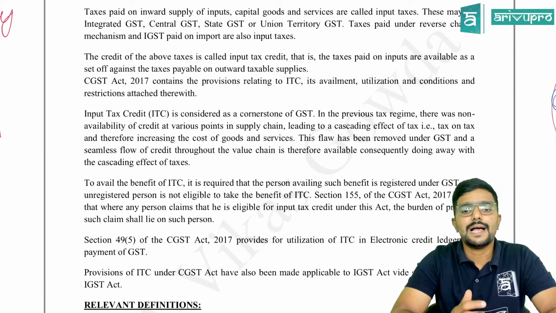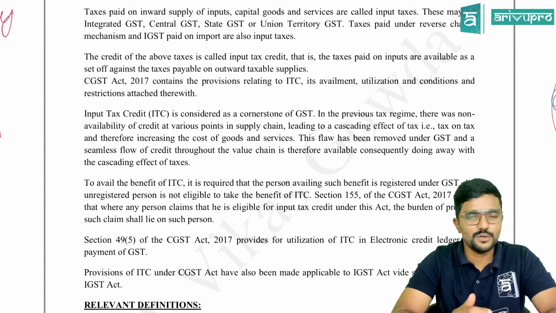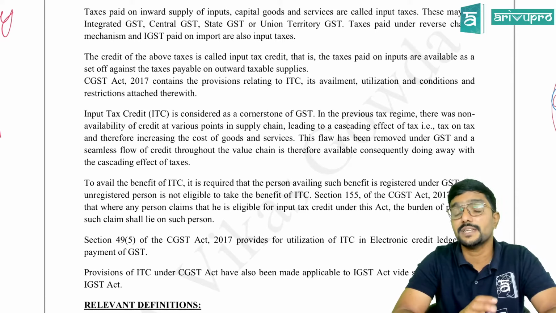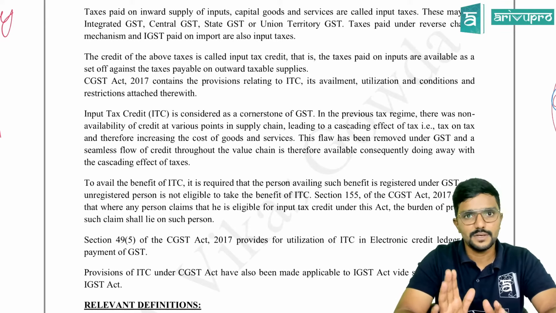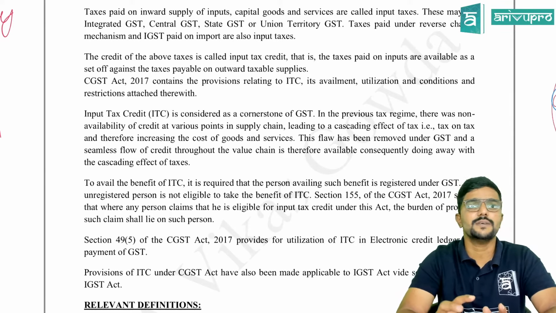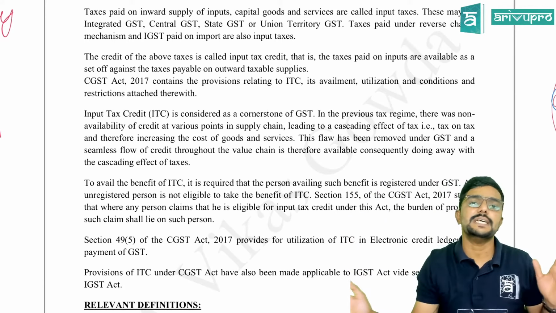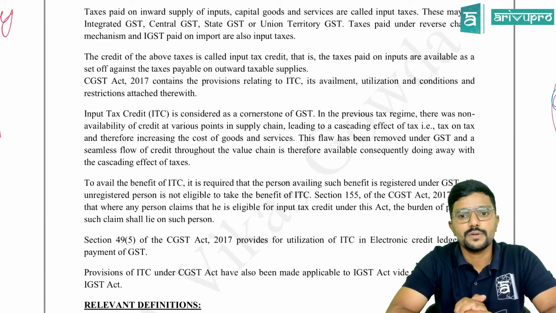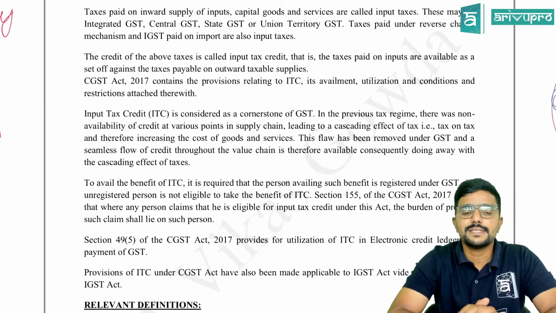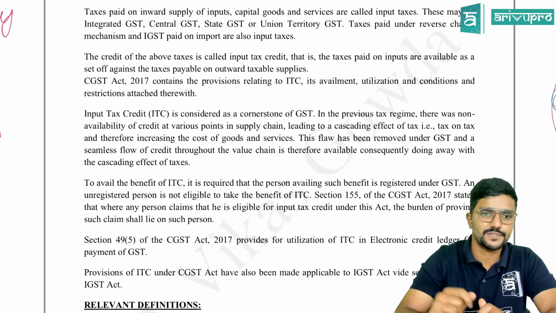This flaw has been removed under GST, to some extent. I cannot say it has been removed completely, guys. That means the cascading effect has not been made zero, but it has been drastically reduced. Under GST, a seamless flow of credit throughout the value chain is therefore available, consequently doing away with the cascading effect of taxes.